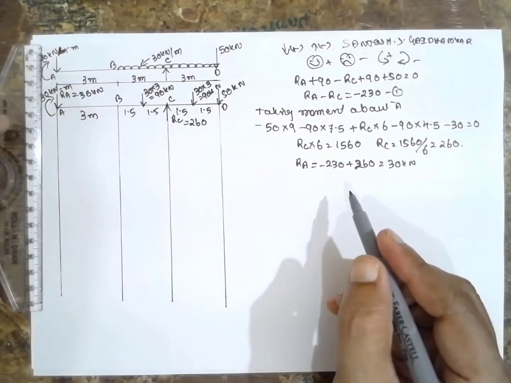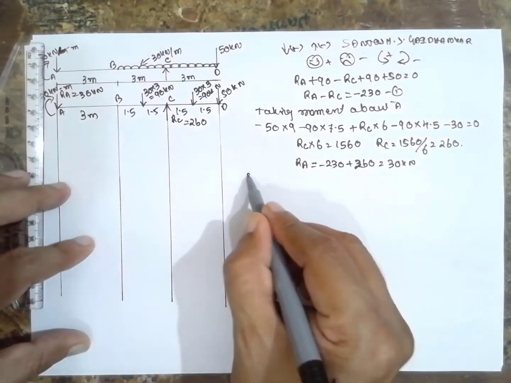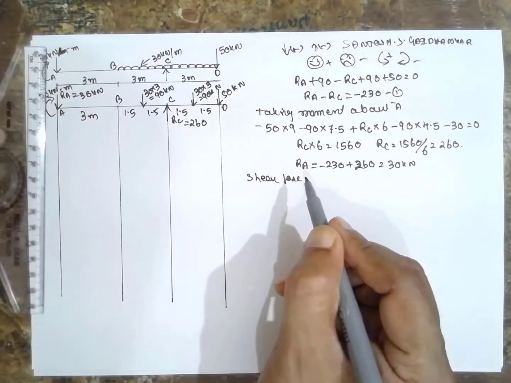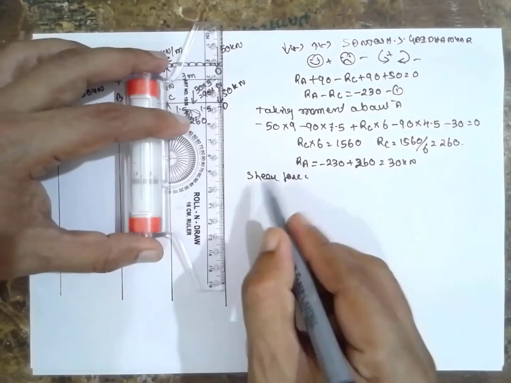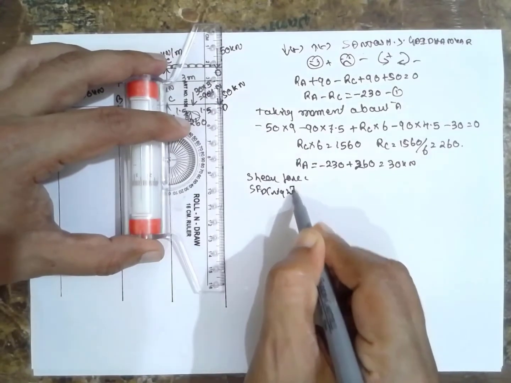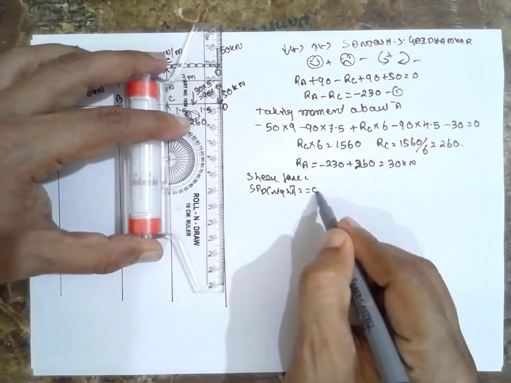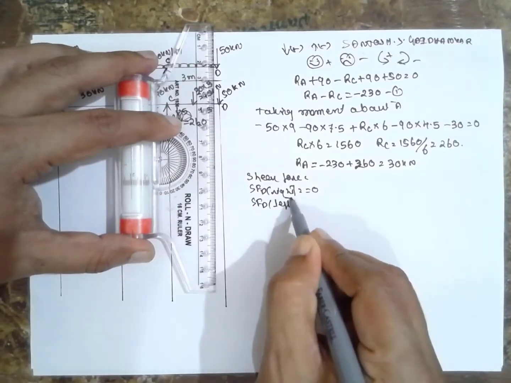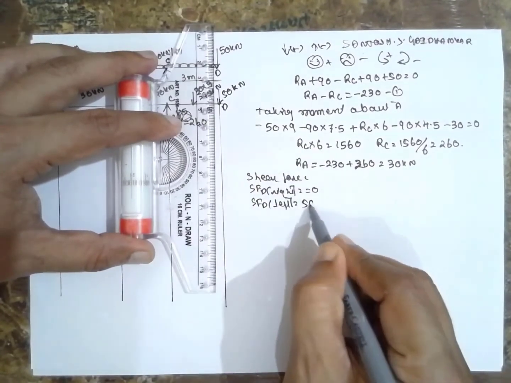Now go for finding the shear force diagram. First at D, SF at D, right side, because there is a load acting. Right side there is no load, 0. SFD on left side, load acting downward, 50.